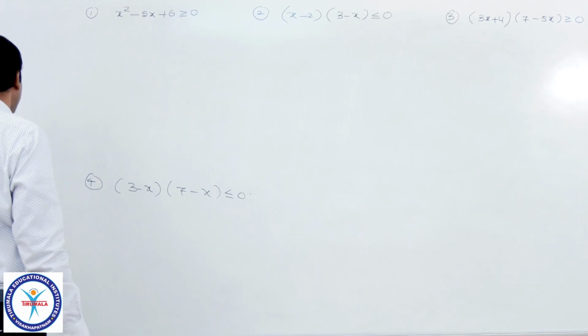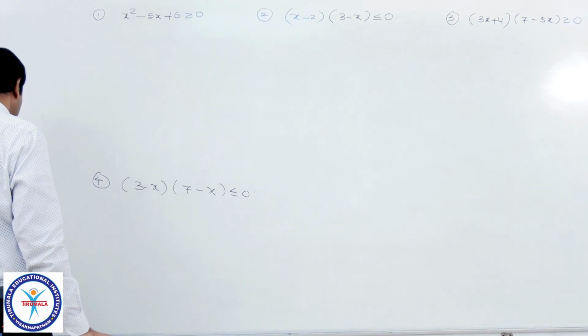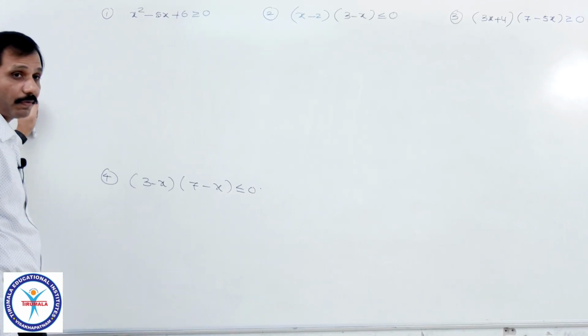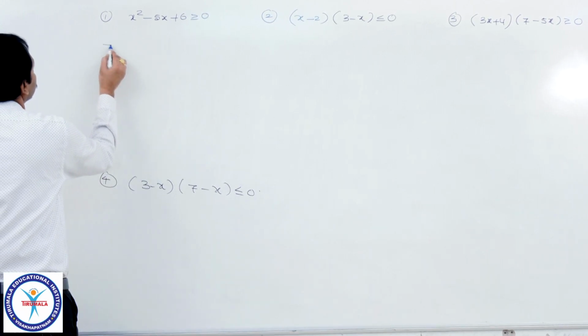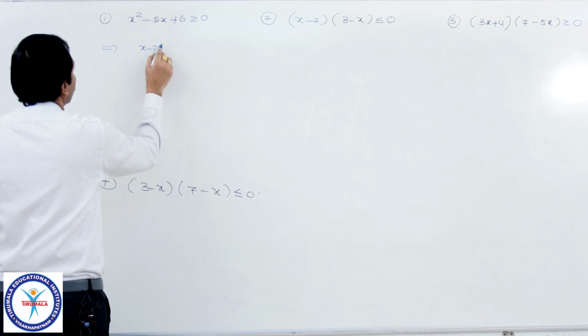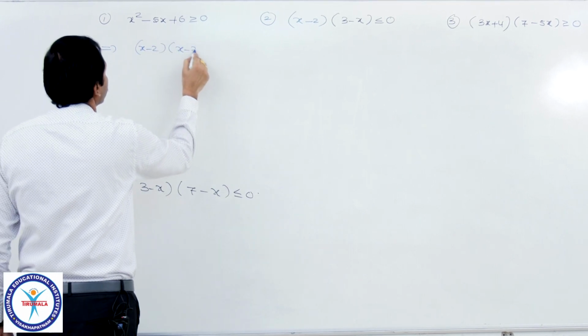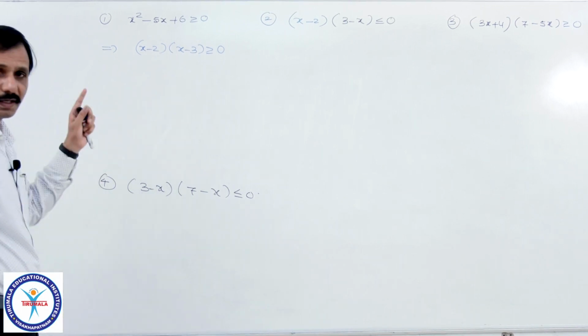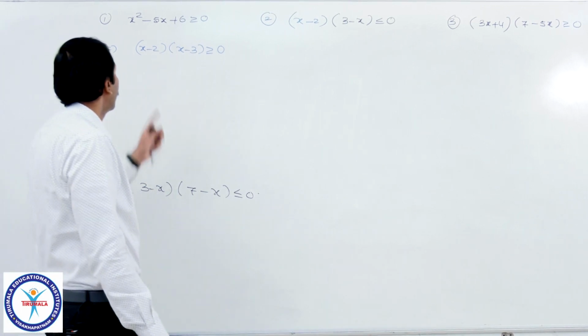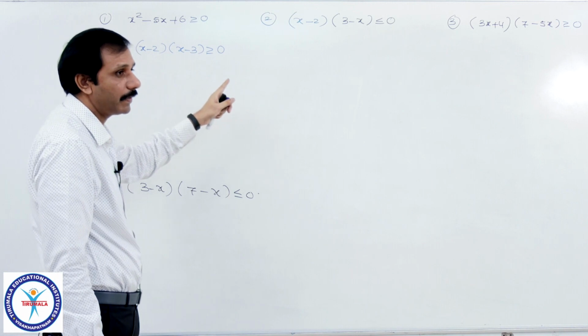Observe this first one. x square minus 5x plus 6 greater than or equal to 0. Yes, factors are there for this: (x minus 2) into (x minus 3) greater than or equal to 0. And we have seen already one relation, (x minus alpha) into (x minus beta).